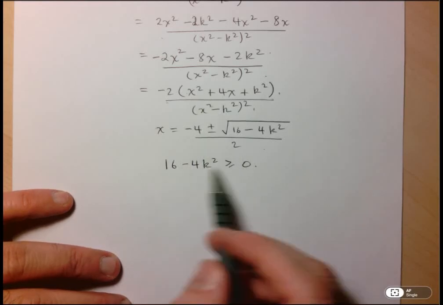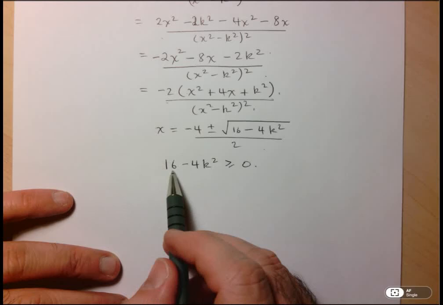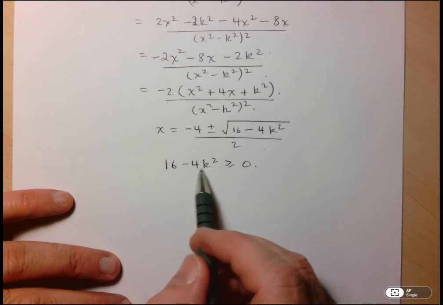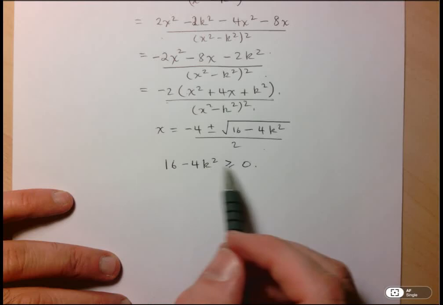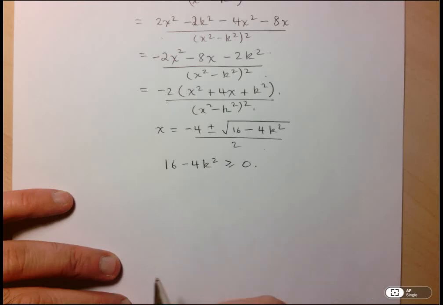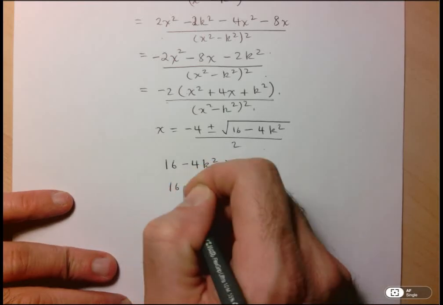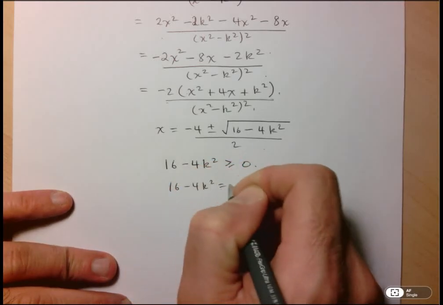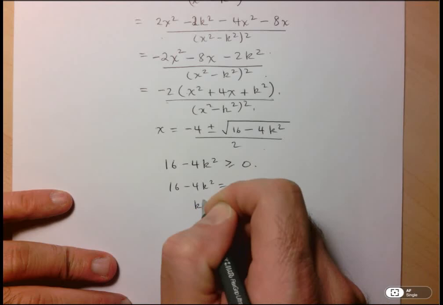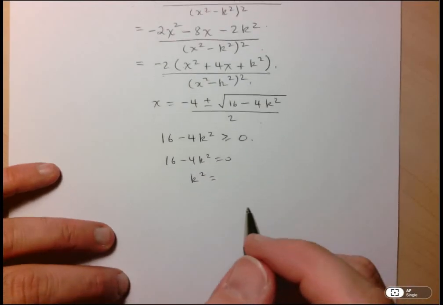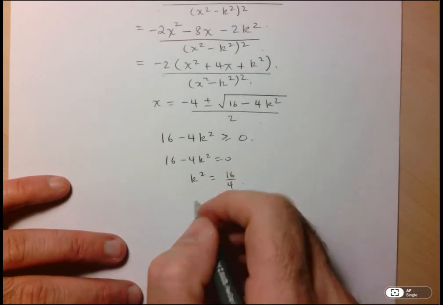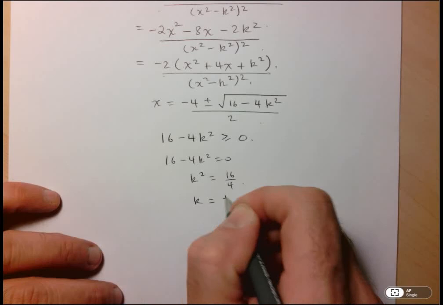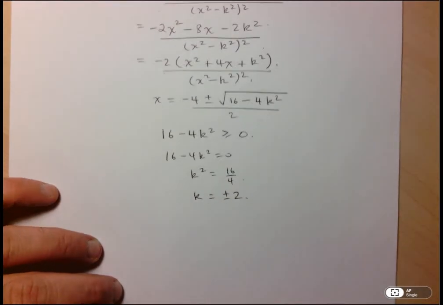The easiest way to solve this is to think of it as a quadratic. I have a quadratic inequality, so let me find the zeros. 16 minus 4k squared is equal to 0 when k squared is equal to 16 over 4, so equal to 4, so k equals plus or minus 2 when I take the square root.